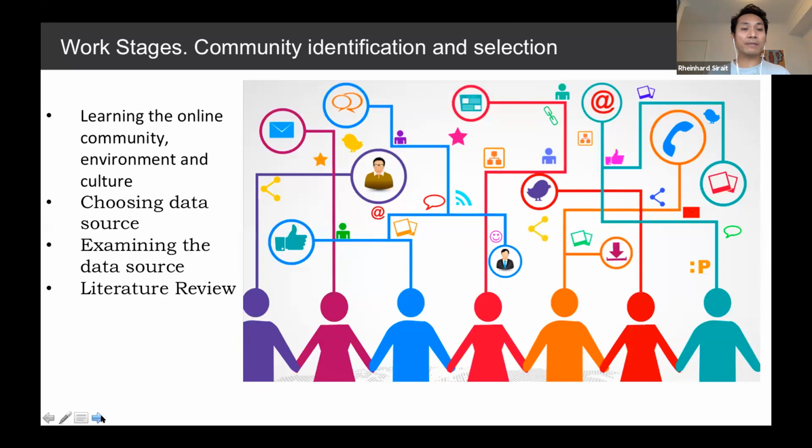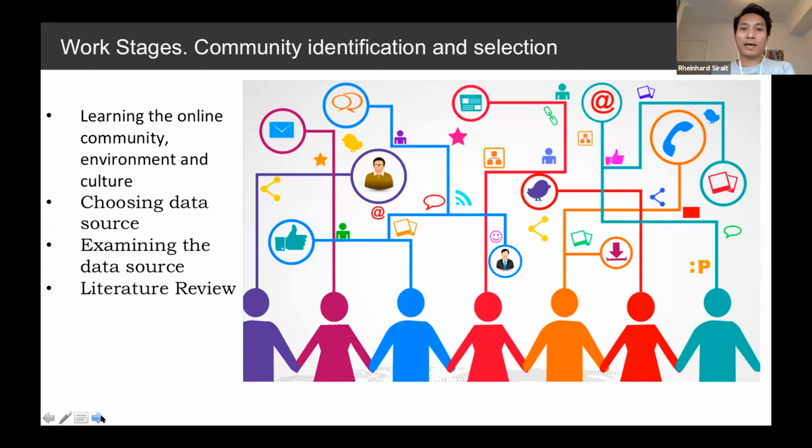So you have to be very, very careful in selecting your target, and then learning about their online community, what sort of culture they have there, and how you choose your data. For instance, am I going to news portals? Am I going to websites? Am I going to Twitter?